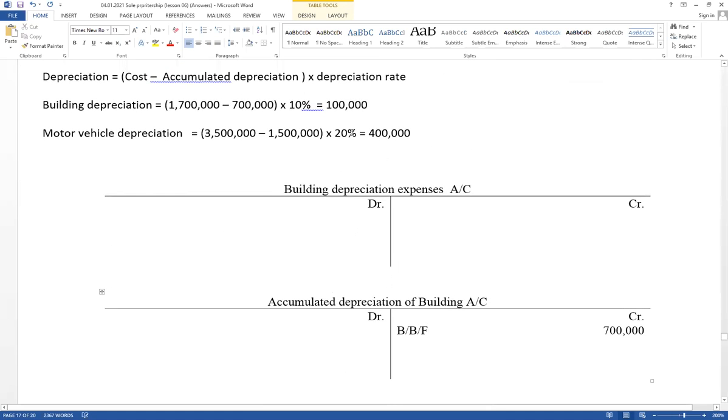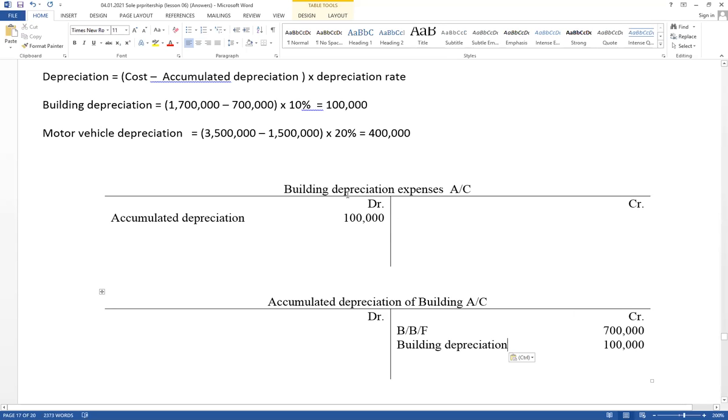Then record the annual depreciation, which is already calculated: 100,000. The depreciation expense account is debited 100,000 and the accumulated depreciation account is credited 100,000. So the building depreciation expense account is debited as accumulated depreciation, and the accumulated depreciation account is credited as building depreciation. This is the way you record it.